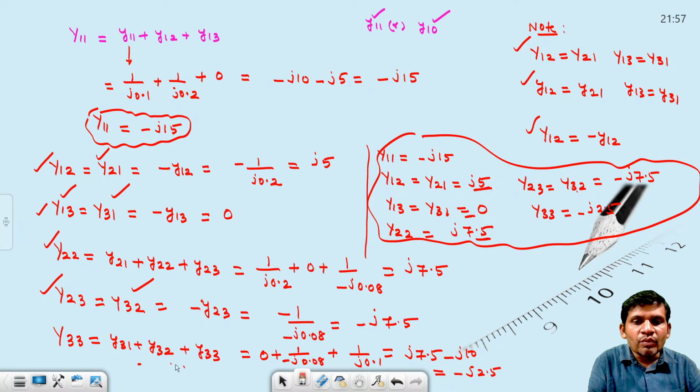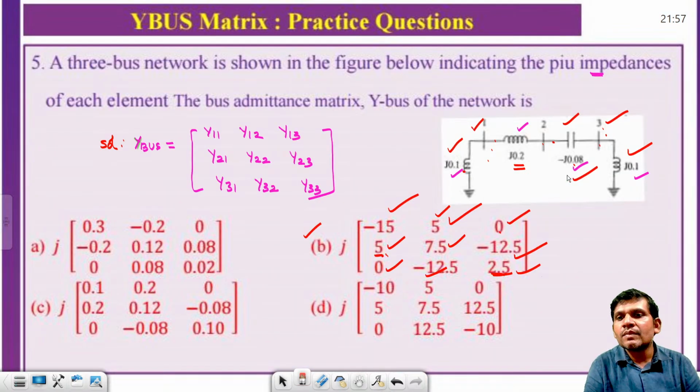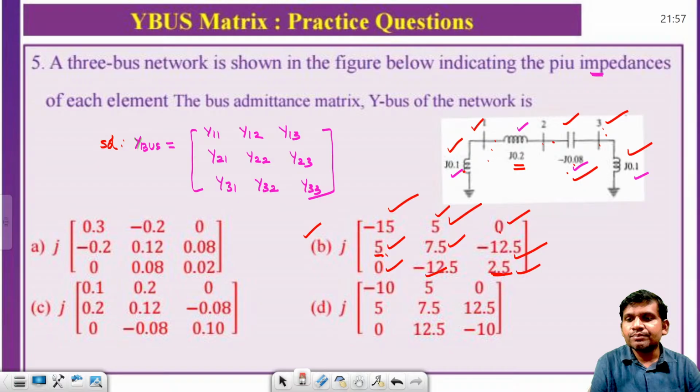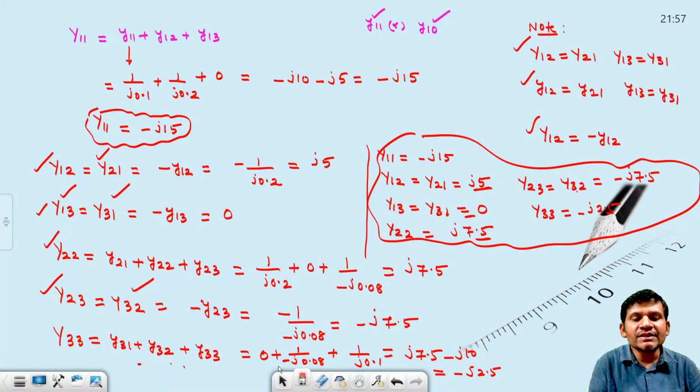This is Y32, that is minus half, right? This is how much? Y32. What is between 3 and 2? This one. Minus J0.08. How much did you get?